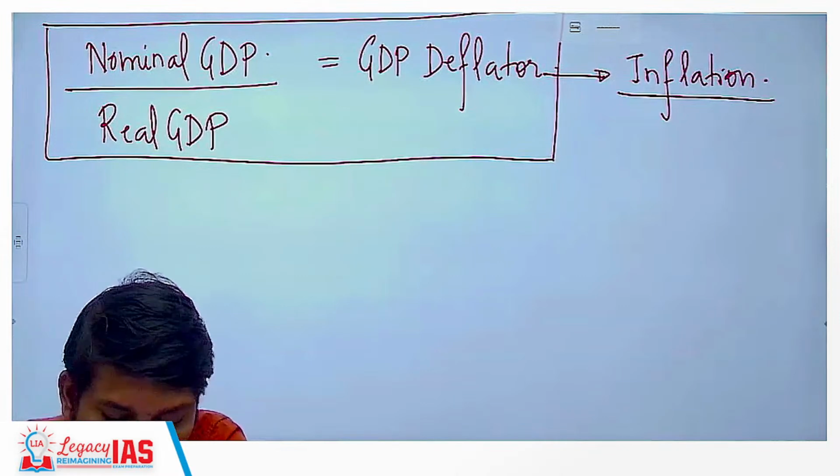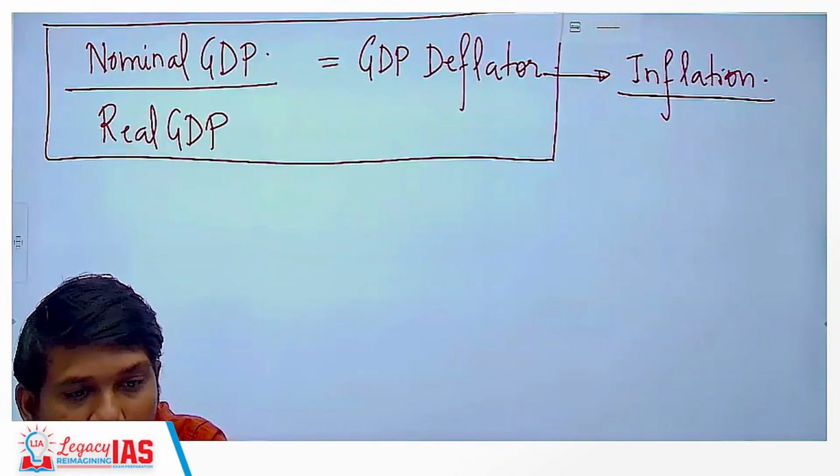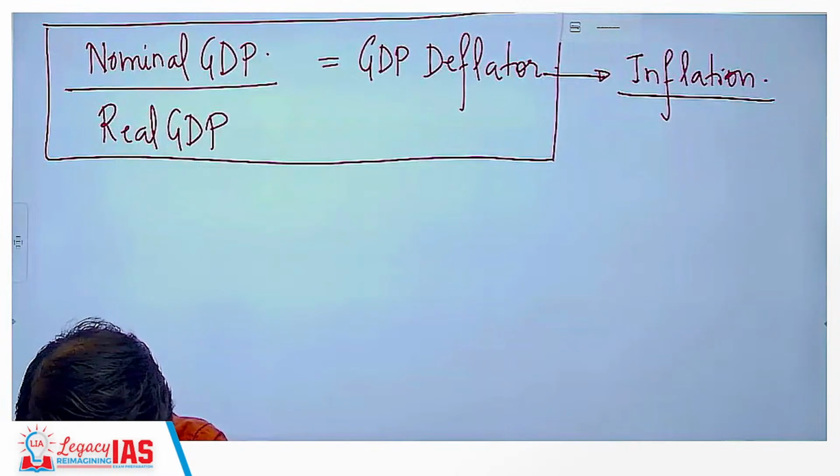Correct? Write down GNP, gross national product.